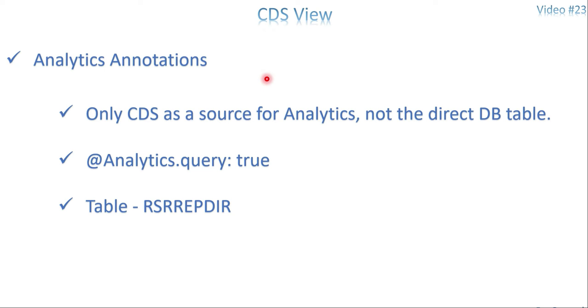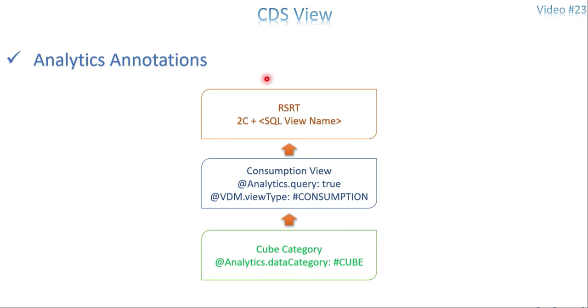Here is the model which I'm going to use, or you can use whatever design you want. I'm going to have a basic CDS view with a cube category, and probably a dimension as well. The dimension is basically for master data, and the cube is going to have the transaction data along with the master data.